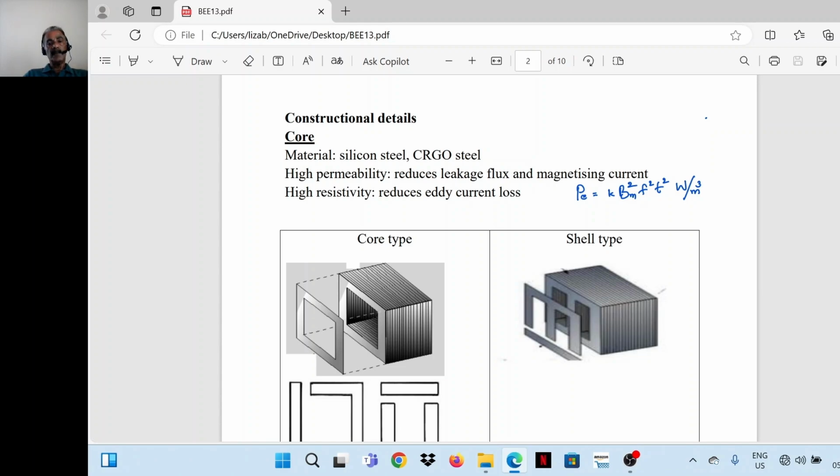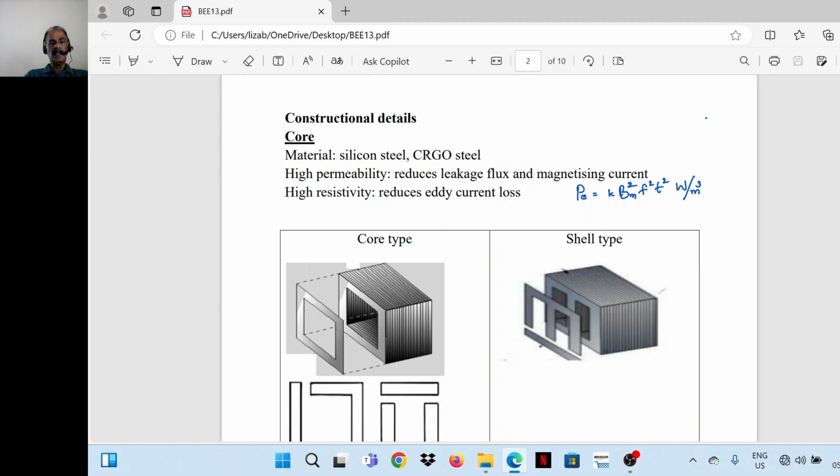But since a transformer is a device which is always connected to the supply around the clock, even a slight reduction in losses can contribute to a big saving when we consider its life period. So high permeability material reduces leakage flux and also reduces the magnitude of magnetizing current.